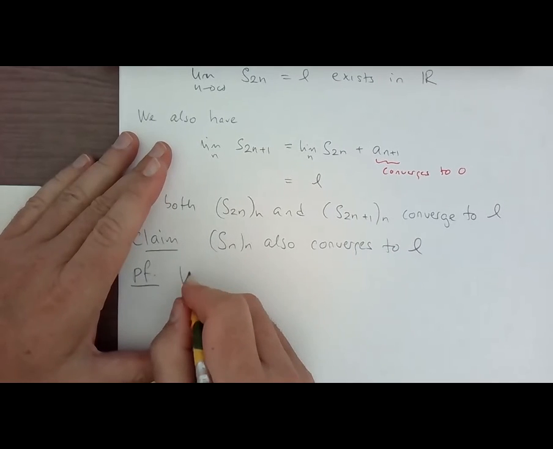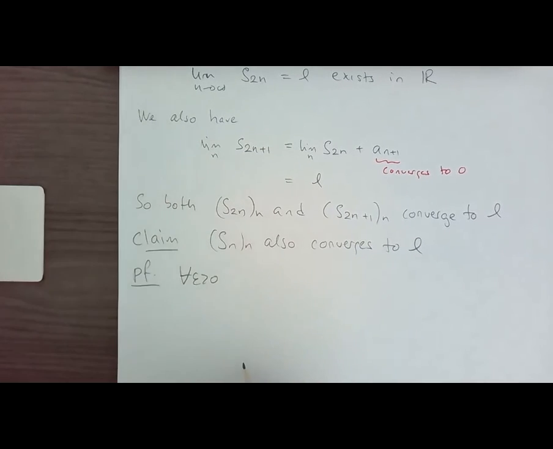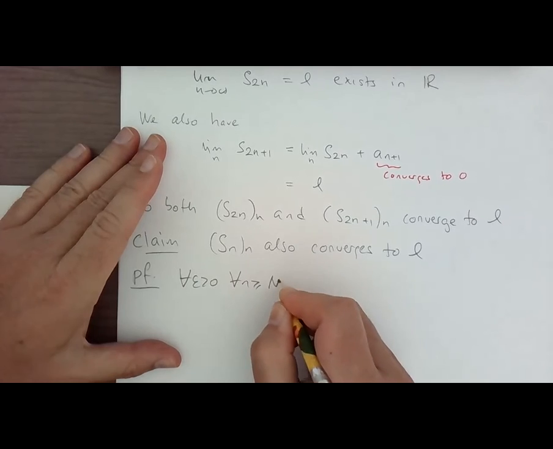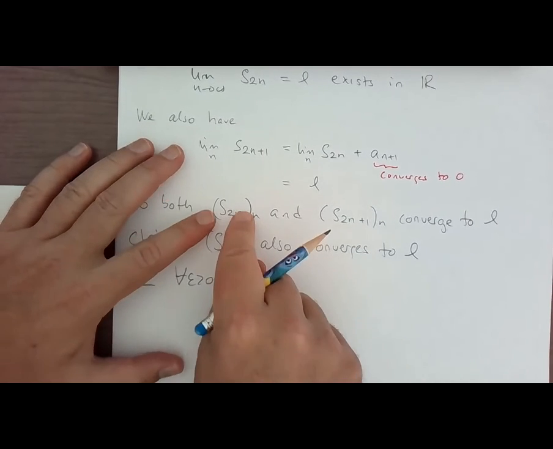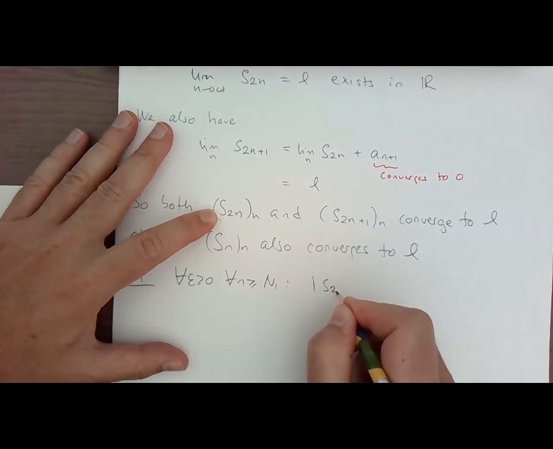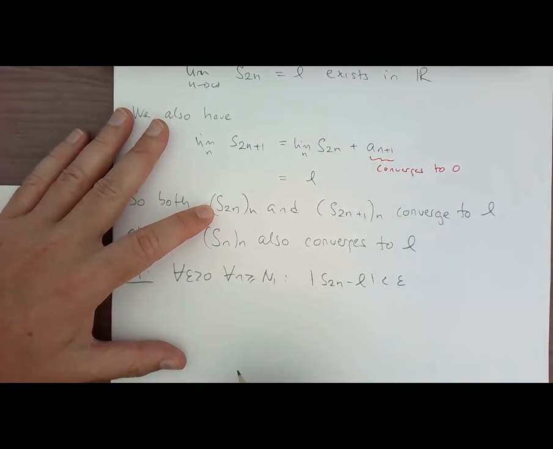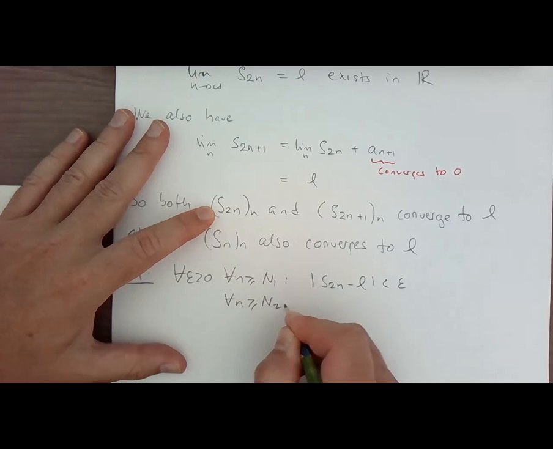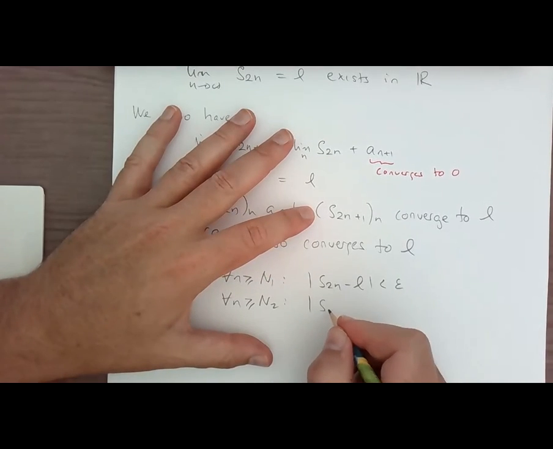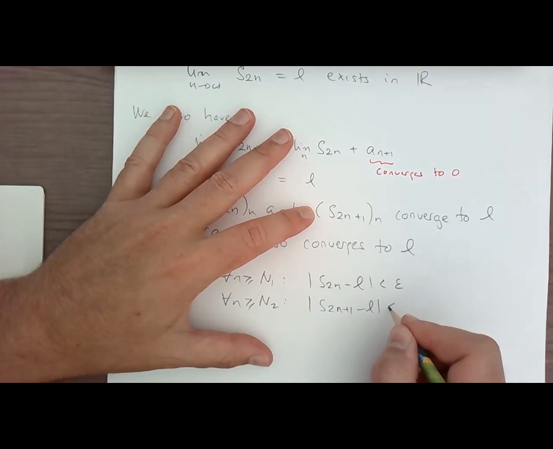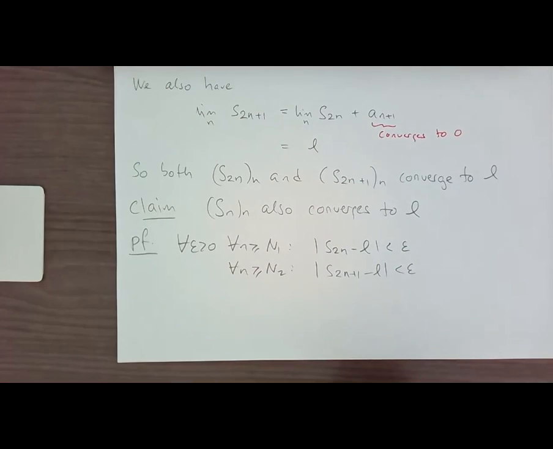You pick an epsilon, and then for any n bigger than, say, n1, you can squeeze that guy together with L, less than an epsilon. Again, for any n bigger than n2, you can squeeze the other guy less than epsilon with L.